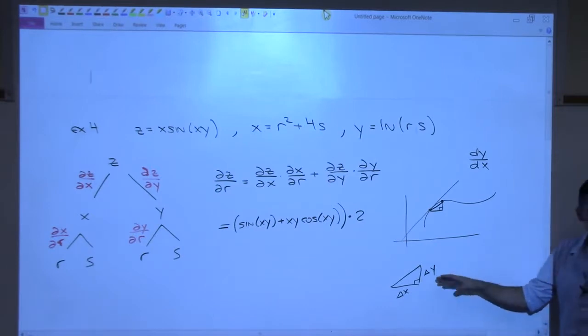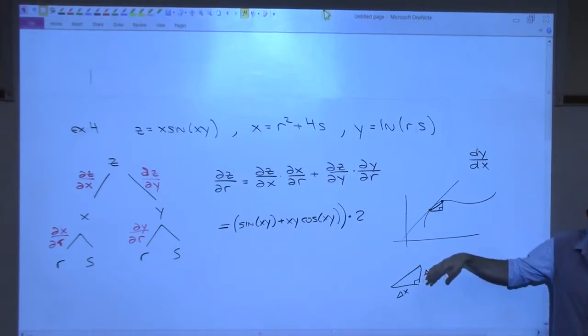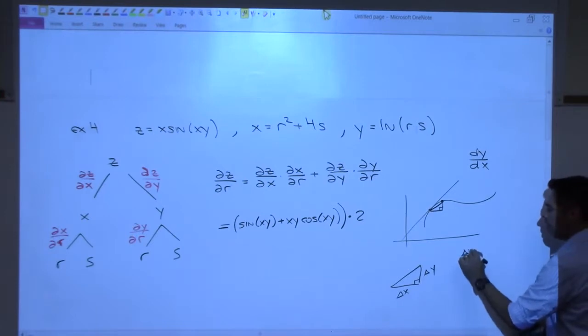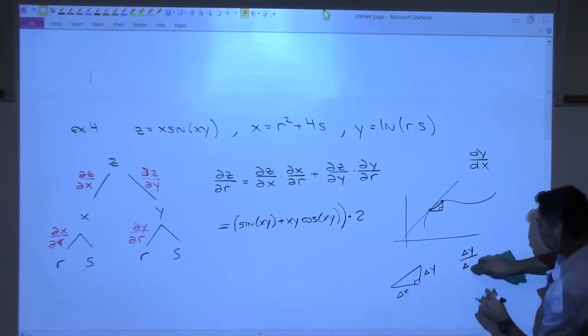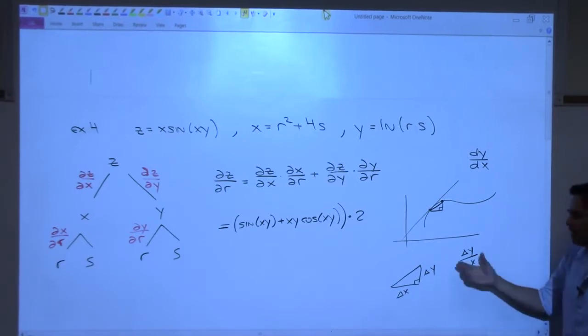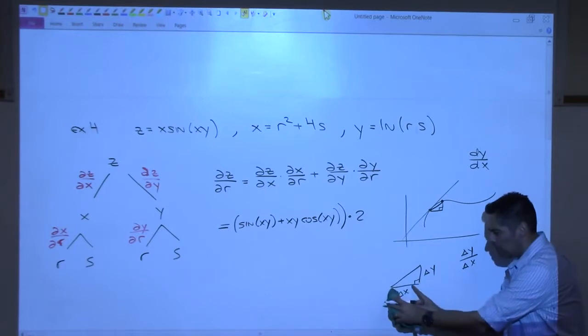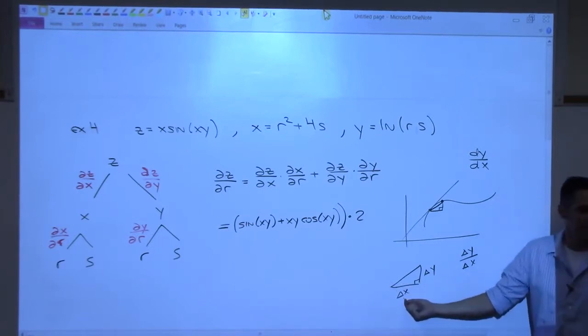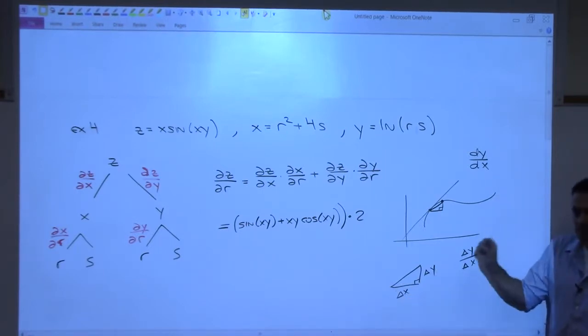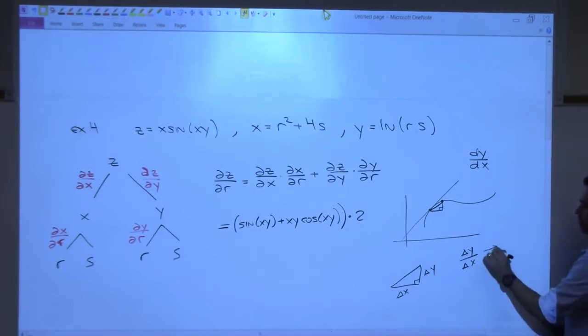And so the slope of this line is going to be the change in y over the change in x. And then if you let this triangle get infinitesimally small, this delta x became dx, and this became dy, and that gave you the derivative, dy dx.